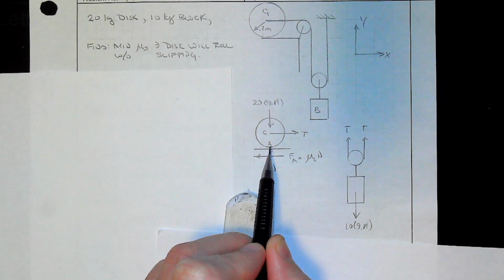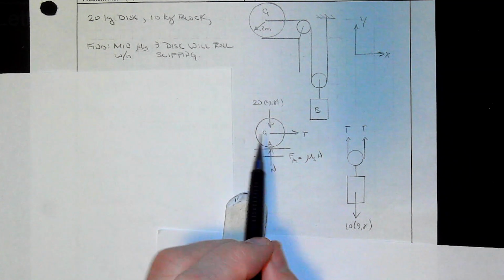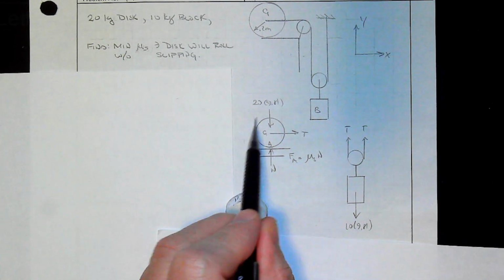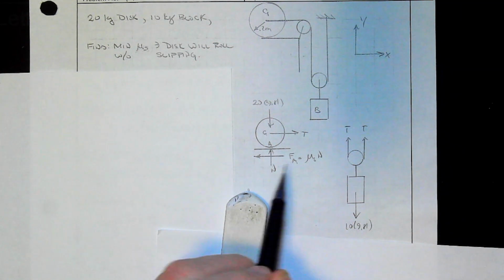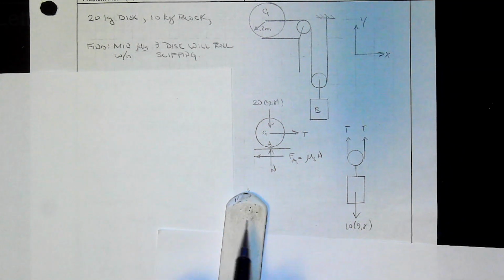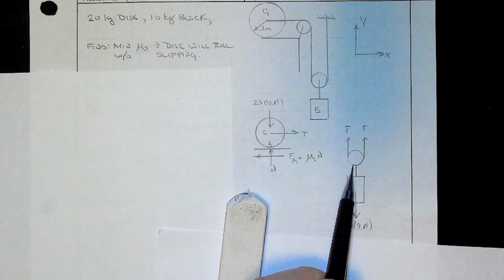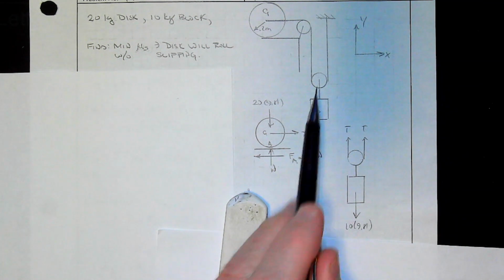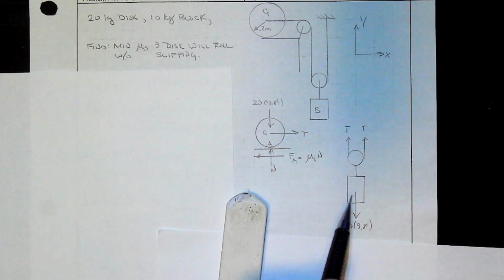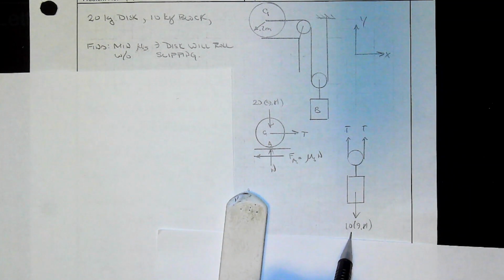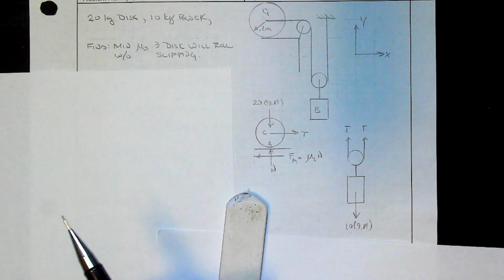It has no x acceleration. To get this thing to roll, it'll roll like this. That'll be driven by friction, so we call that Fa, which is μSn, and then there's the normal force again. B, that's down here. It's supported by two ropes, both with the same tension, and it weighs 10 times gravity. So there are the free body diagrams.